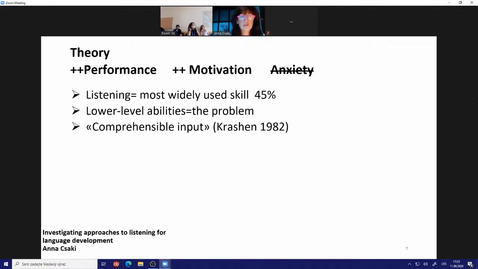The level of difficulty, okay, so here we go back to Krashen, and Krashen says that ideally the level of difficulty should be just above the level of ability, so not too difficult. Motivation clearly is a problem. Now, being able to make your own choice leads to the highest level of motivation.